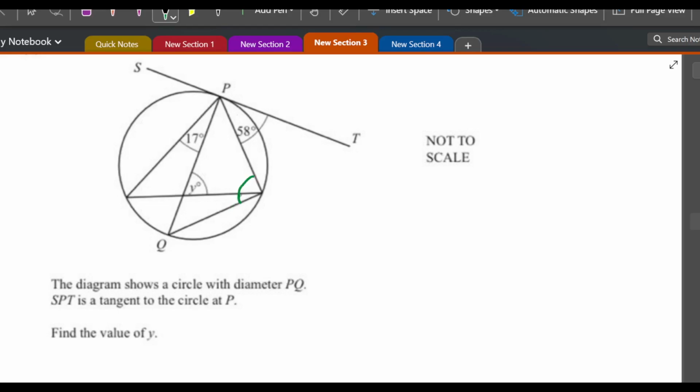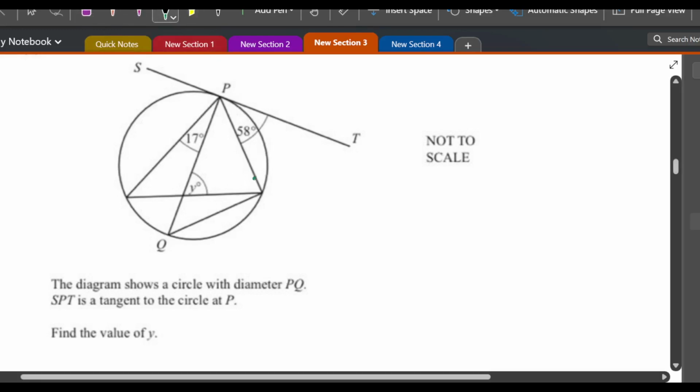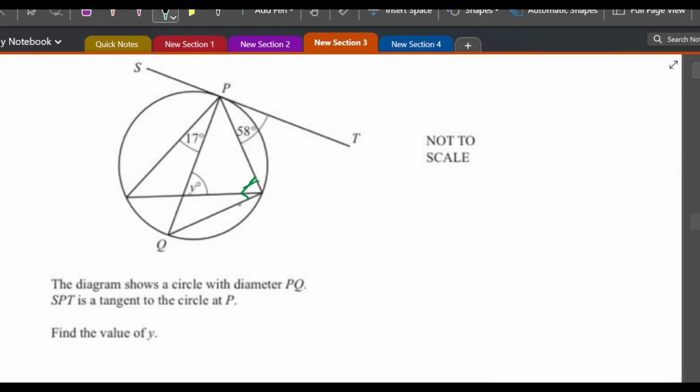I will show it with the symbol of 90 degree, that will make more sense. This is 90 degree, and now this part is 70 degree.